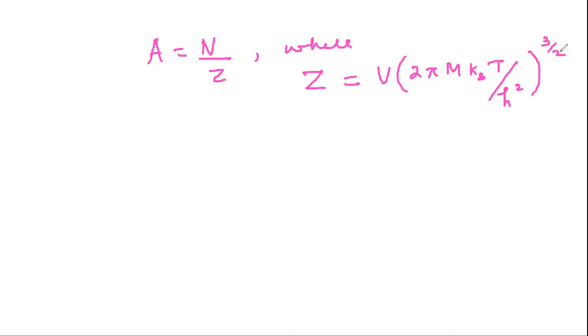So our A is N by Z and Z is V times 2 pi M K B T over H square whole raised power 3 by 2.